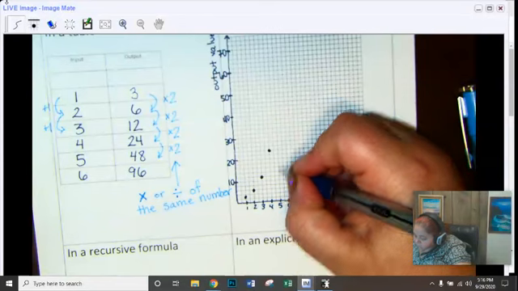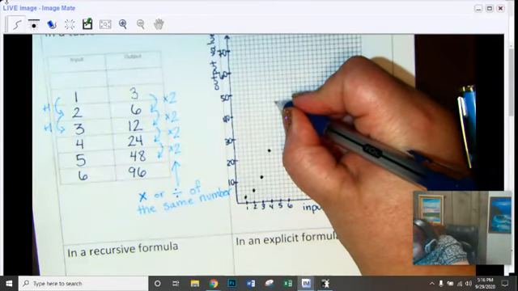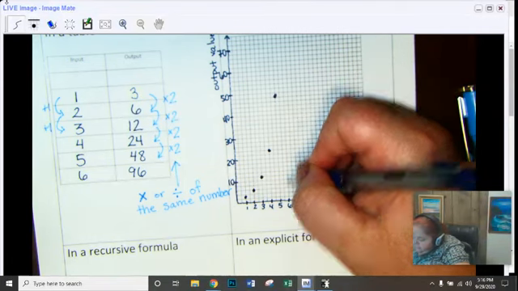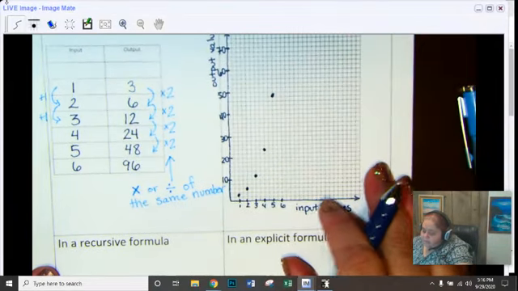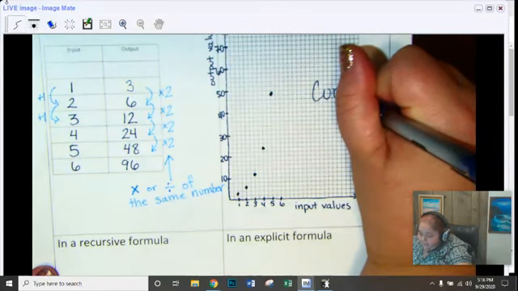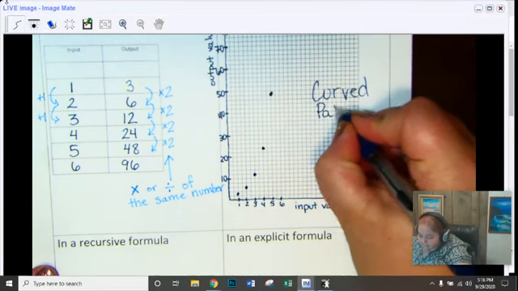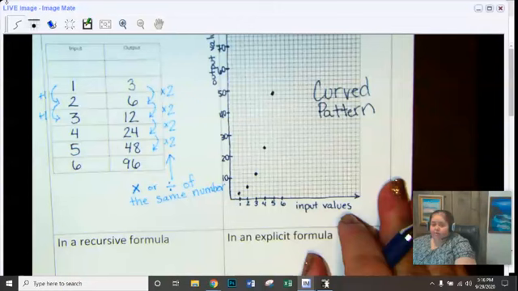Because 5 is 48, and then 6 is 96, which is off my graph. So I can't even graph that. So what you're looking for here is a curved pattern, also known as an exponential pattern.